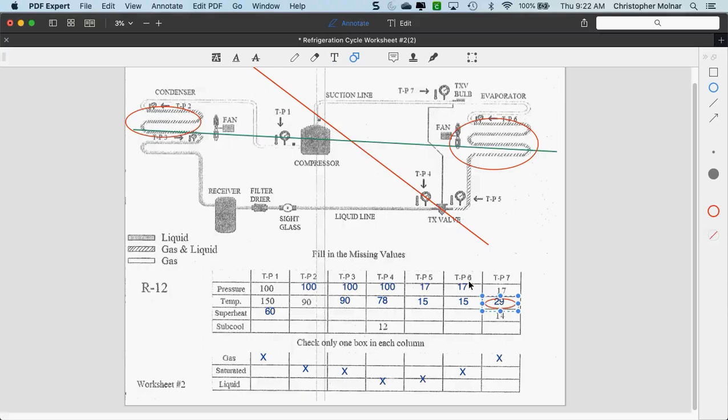We know what our boiling point is because of our pressure of 17, which converts to 15. In real life, the number you are trying to get is 14. So you would take your suction line temperature and subtract your boiling point temperature to get your superheat. Why that matters, we'll go much more into tomorrow.